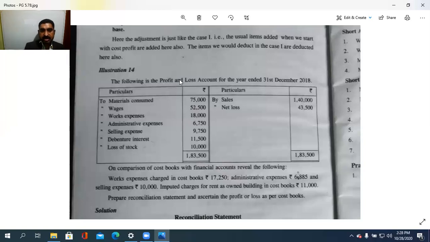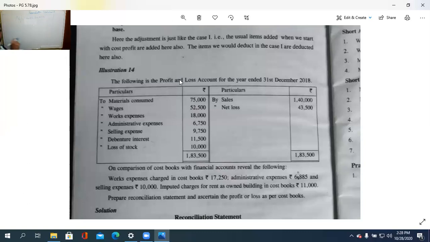So prepare a reconciliation statement and ascertain the profit or loss as per the cost books. So it is a reconciliation statement. Net loss as per financial books.